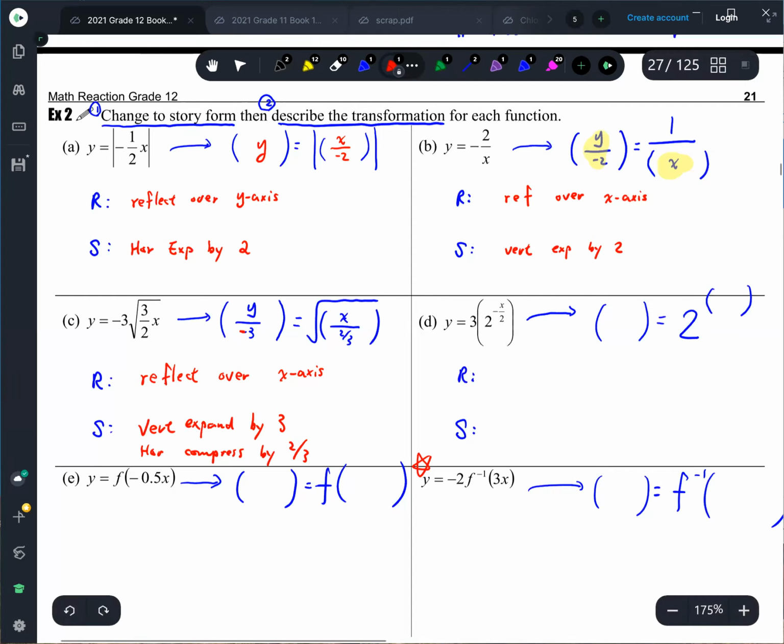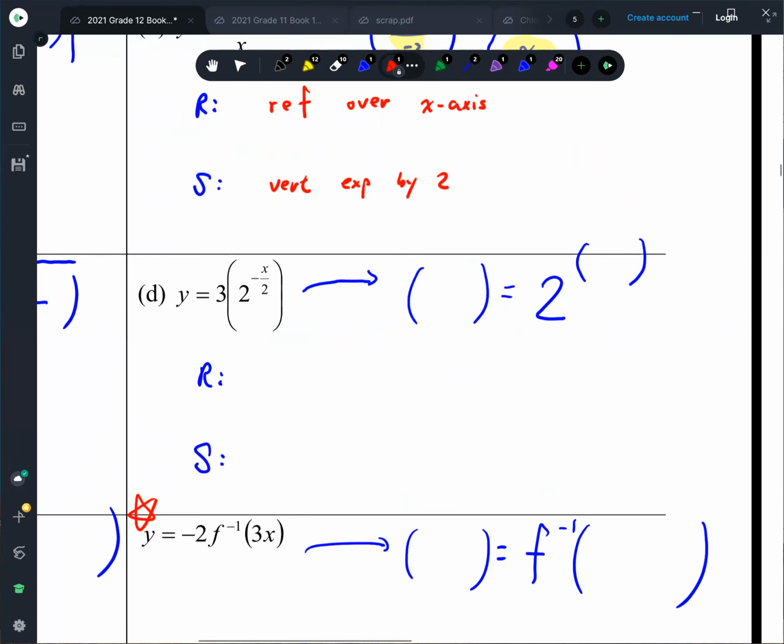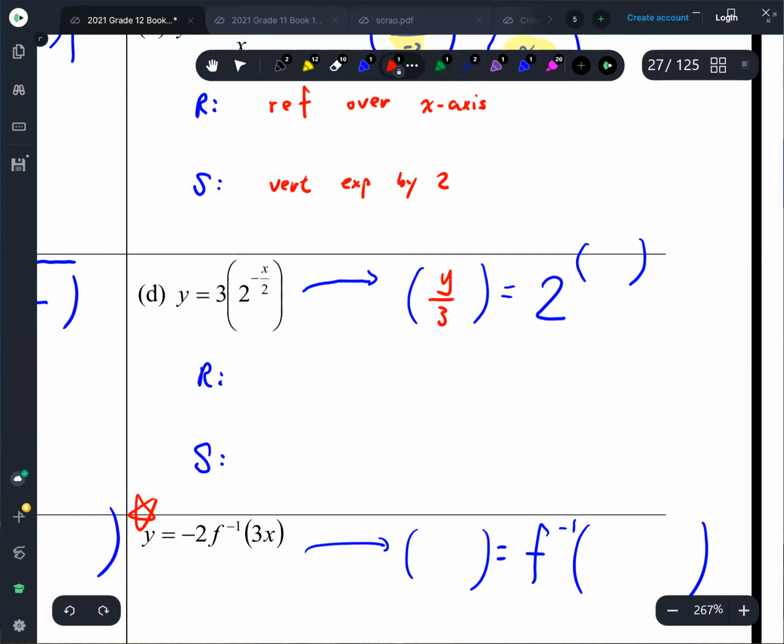Nick, what's your story form for D? I wrote y/3 is equal to 2 to the negative x/2. Yeah. The negative, you can leave it on the side or you can put it under, it doesn't matter. I like to put it under so your x is clean and stays by itself, and the y is clean on the top.